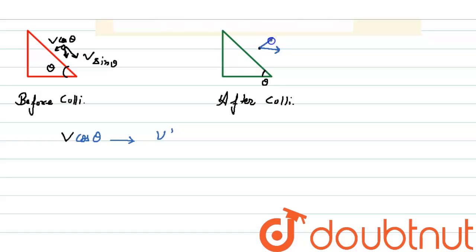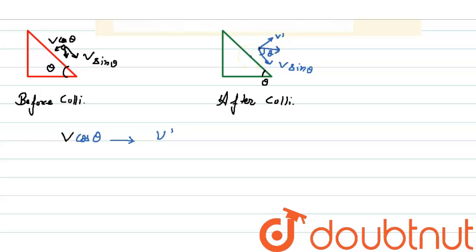This one is our v dash. This is our v sin theta, and this one is an angle theta.